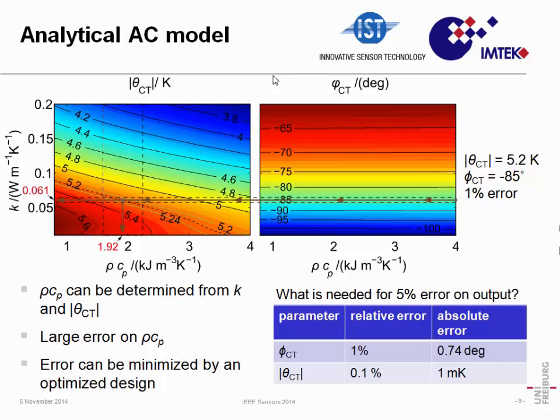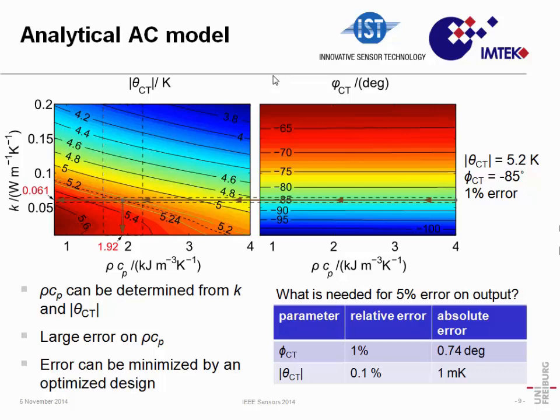Directly from the phase shift, I can determine the thermal conductivity. But in order to determine the volumetric heat capacity, I can look at the point where this horizontal line crosses the amplitude that I have measured, 5.2. The green lines around it are this 1% error around the measurement.